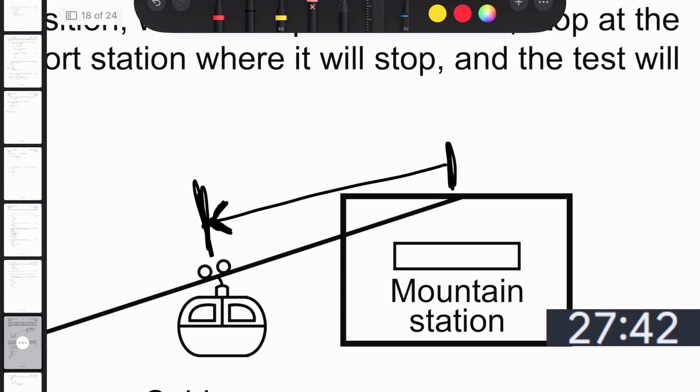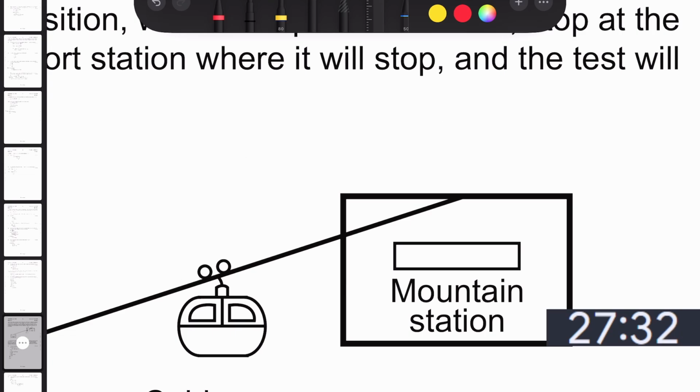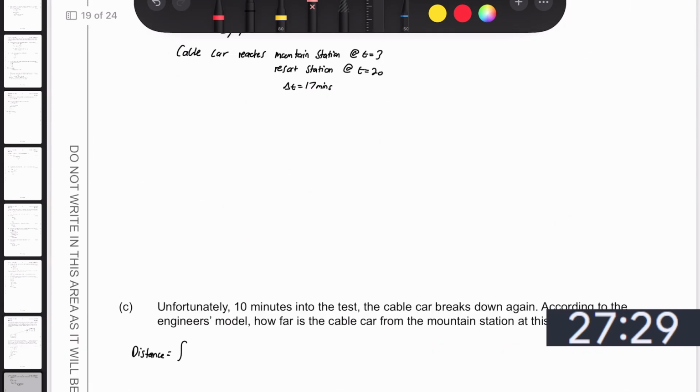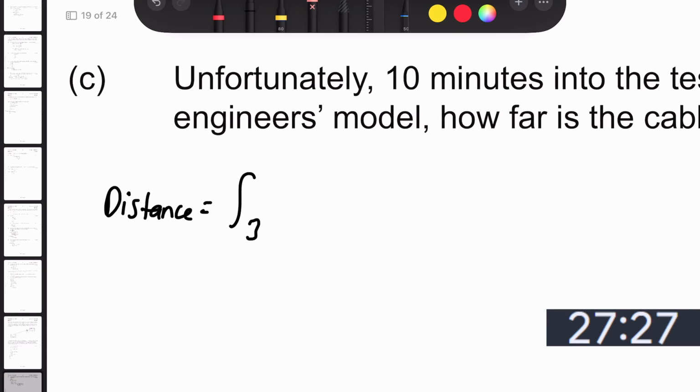I don't know if it's going to spit out negative, so I'll just put absolute v of t from 3 to 10. So that's my boundaries. It's 3 to 10 of absolute value of, I'm just going to write v of t because I'm lazy.